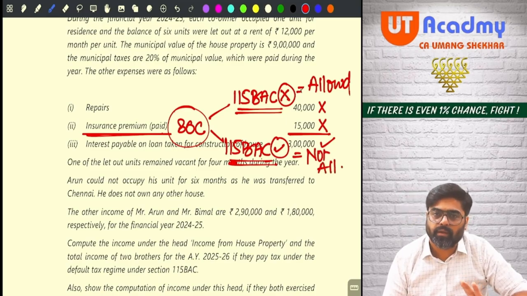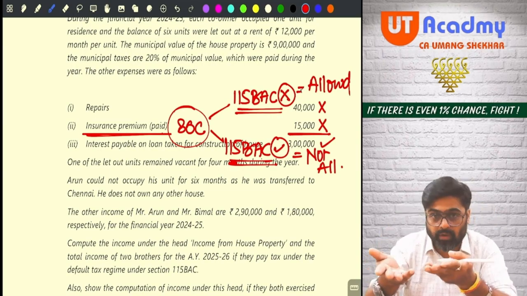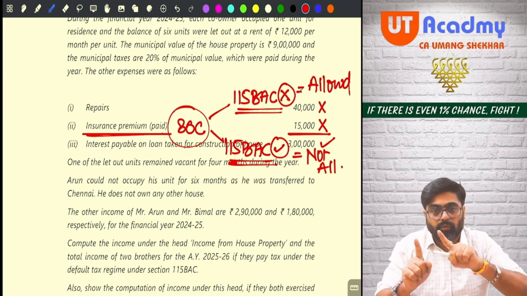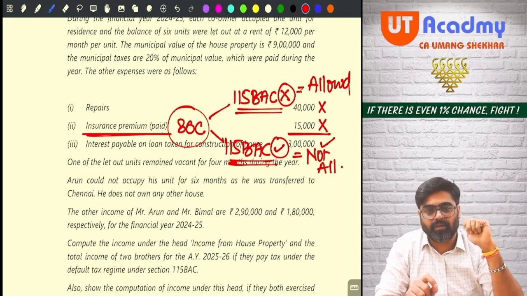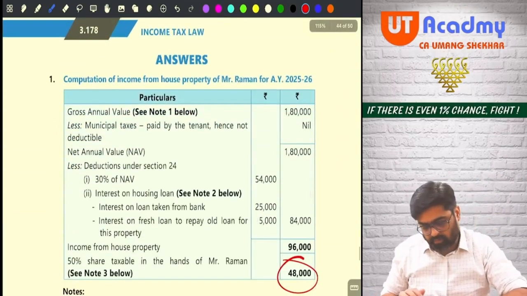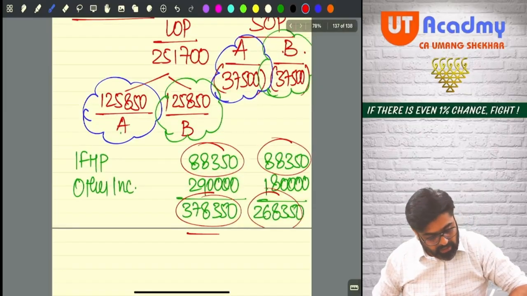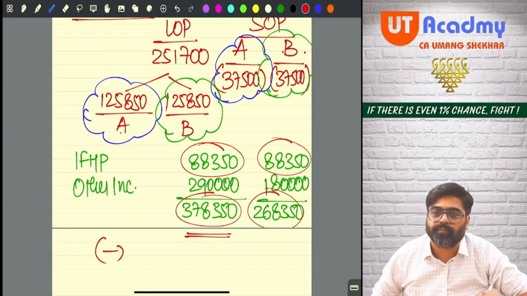Got it? So in the given question, if we want to incorporate this information also, what we can do is, when we are solving without 115BAC, in this green part, to calculate our total income, we'll take the insurance premium deduction also.